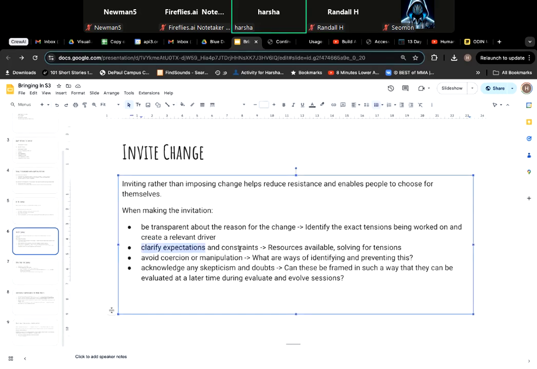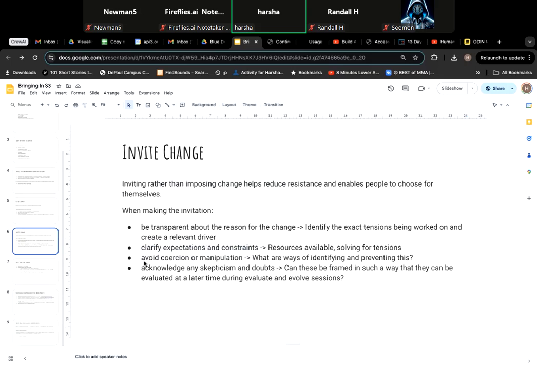Okay, that makes sense. And the next one is avoid coercion and manipulation. This I feel like is really hard to identify unless people are willing to speak up.